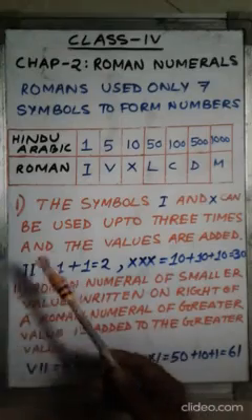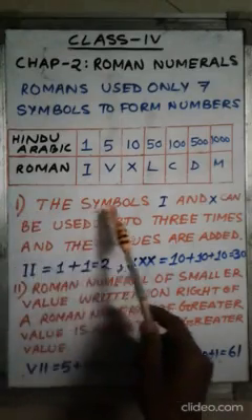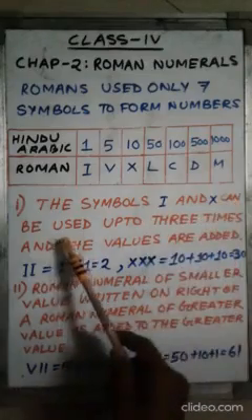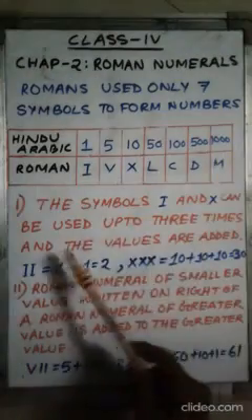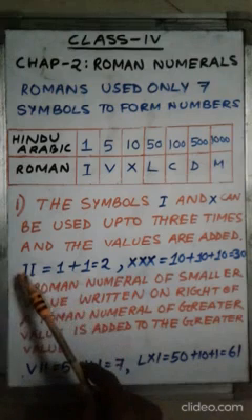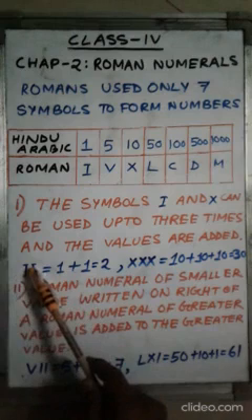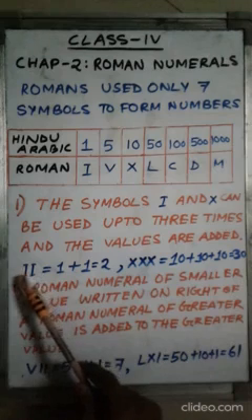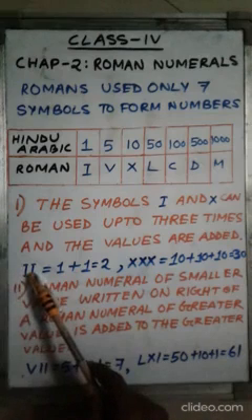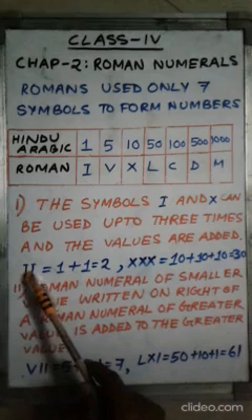The first rule is that the symbols I and X can be used up to 3 times and the values are added. So you can write a maximum of 3 together. If you are repeating the same symbol, then their values are added.